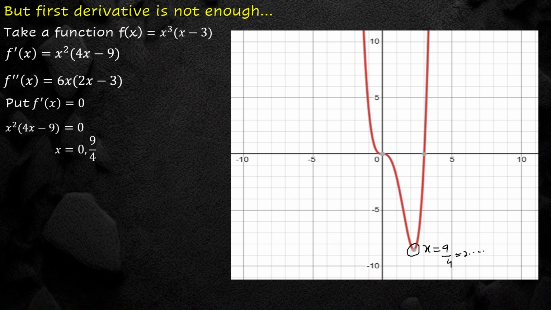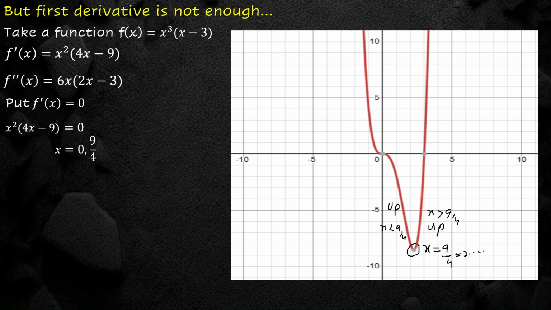Here note that this point is where x is equal to 9 over 4, 2 point something. Before this point, when x is less than 9 by 4, the curve is concave up. And after this point, when x is greater than 9 by 4, the curve is again concave up, that is, concavity doesn't change.